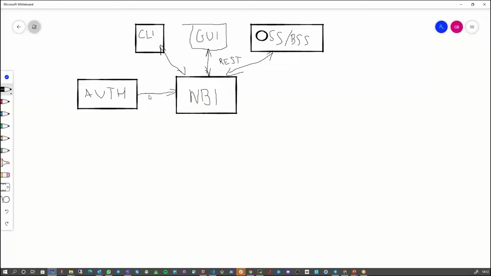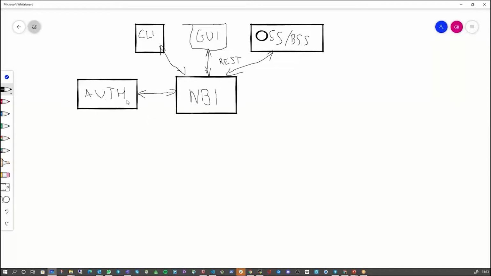The interaction between the NBI and auth happens for each REST API interaction, in principle. Whenever a user requests to do something, the NBI gets that and checks whether the user has permission or not, and this is done through the auth. It's also possible not to rely on Keystone, and to rely directly on permissions stored in the database.